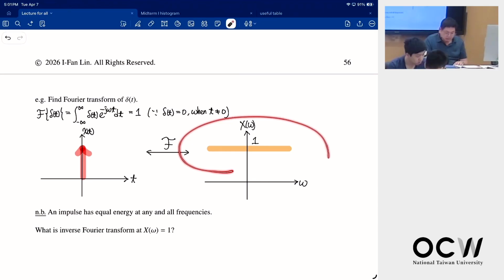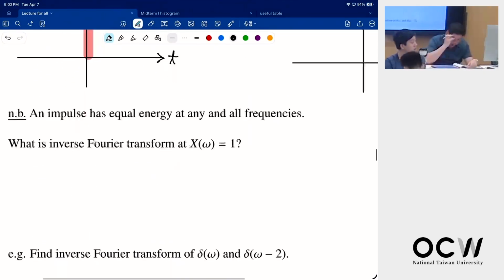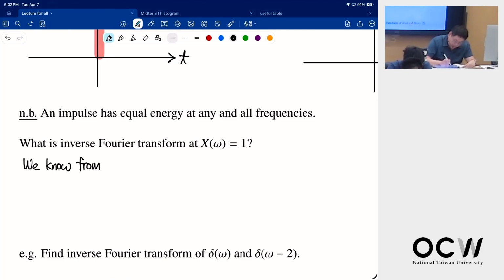Then if this is 1, what is the inverse transform? Inverse transform should be like a delta function, right? But can you do it from your formula? We just know that the Fourier transform of the delta function is 1.